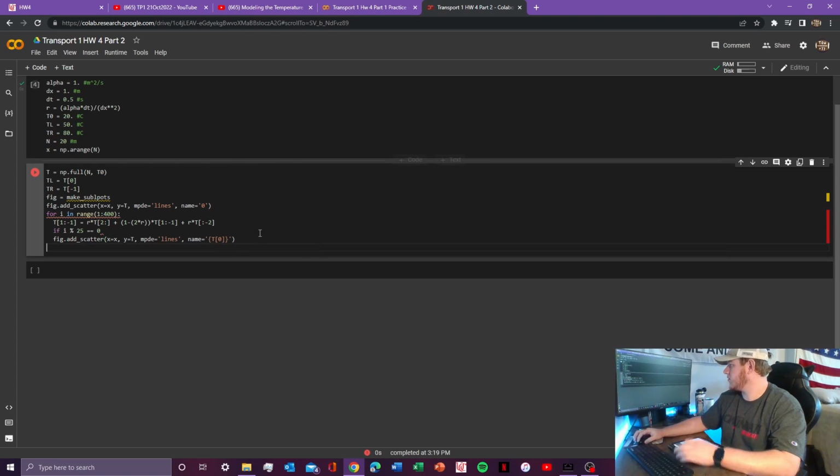It doesn't like this. Why doesn't it like it? Well, first thing we need to do is add that there, and then I think this is wrong because we need some parentheses.